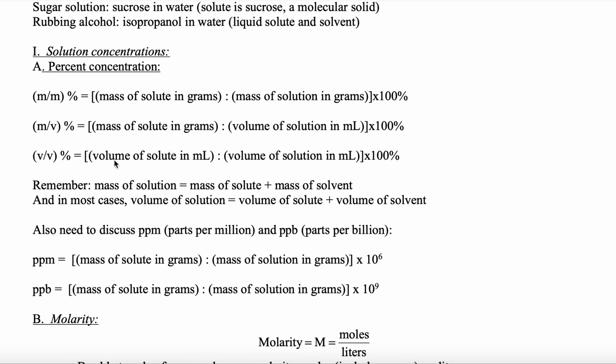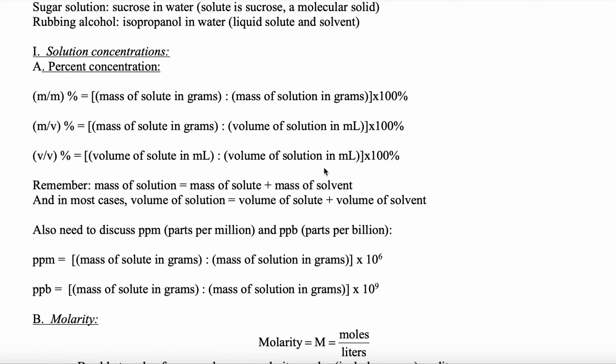Volume, you could do volume over volume. Like if you have a liquid solute, like isopropanol, it's easier to measure the volume divided by the total volume of the solution. Most of the time, volume of solution will be the volume of the solute plus the volume of the solvent, the two substances that you mix together. Assuming there are no special interactions, the volumes should add up.